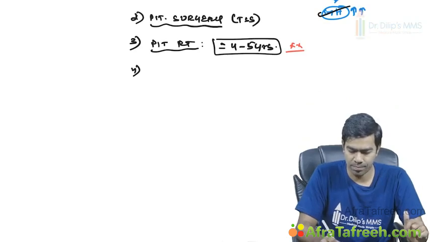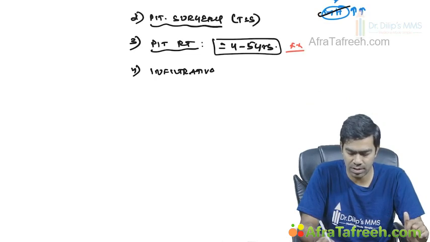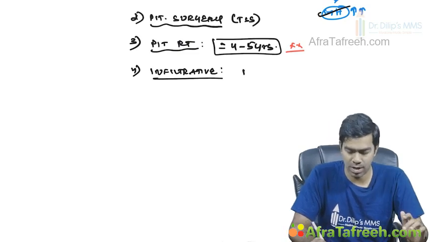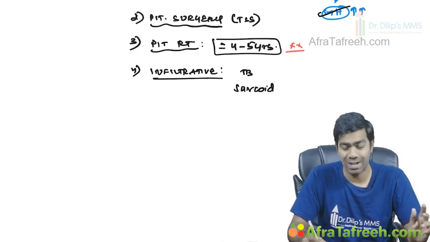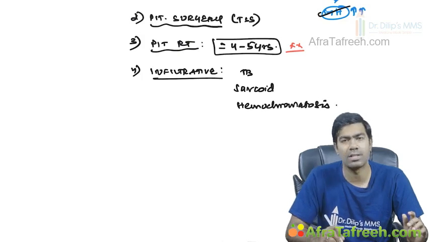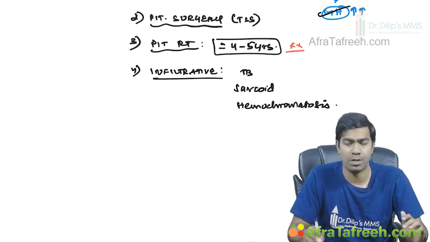Number four, infiltrative lesions can well cause hypopituitarism. What are the infiltrative lesions? You have TB, sarcoidosis, hemochromatosis, a lot of infiltrative lesions, and all these things can produce hypopituitarism.